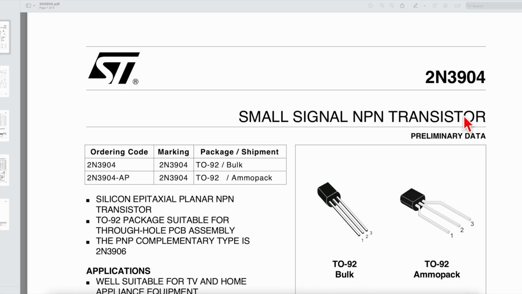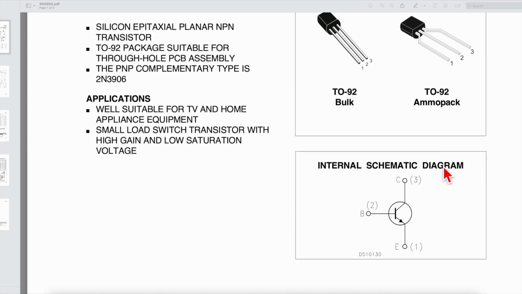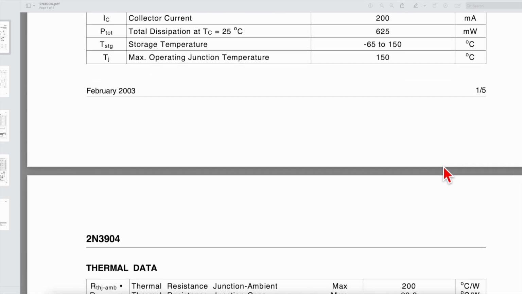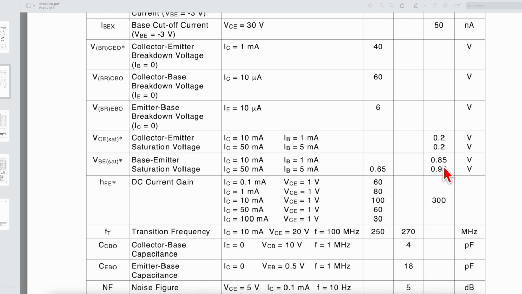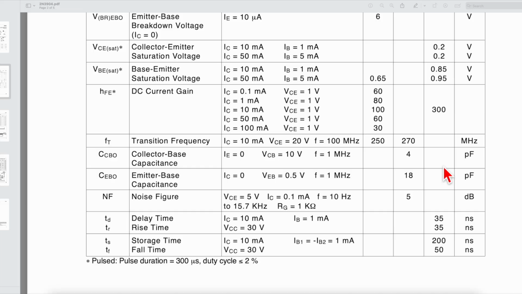Actually, helpfully, these values of capacitance are usually recorded in the transistor data sheet, and that's certainly the case for the 2N3904. So here's the data sheet, and when you scroll down, you get down to here, just underneath the transition frequency. So we've got what they call C sub CBO, the collector to base capacitance, and that's 4 picofarads.